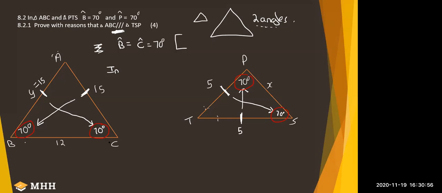My reason: angles opposite equal sides. In this triangle, they gave us angle P is 70. So I can say angle P will be equal to angle S will be equal to 70 degrees. Angles opposite equal sides.